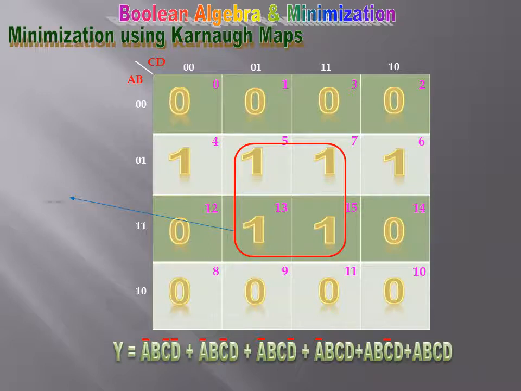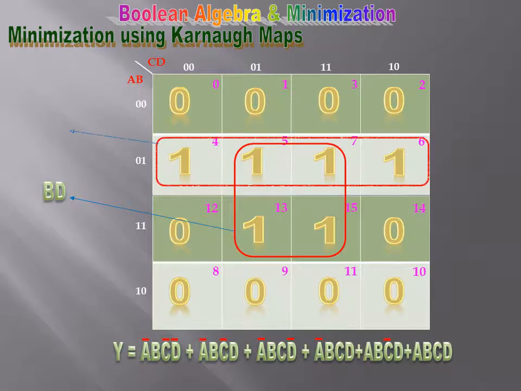So we can combine this not as two ones, but as a chord, because a chord minimizes two variables. So we'll make another chord, the horizontal chord, and this is a square chord, and the square chord actually vanishes two variables.